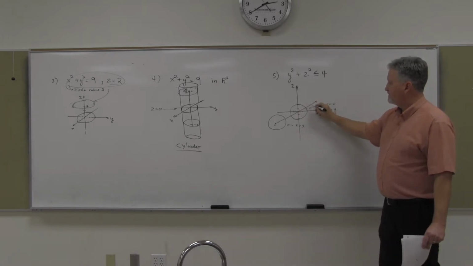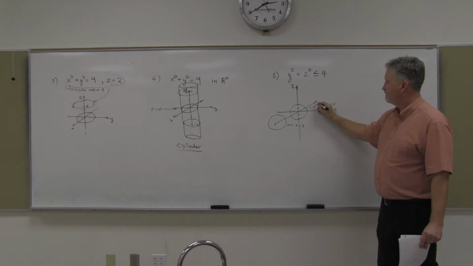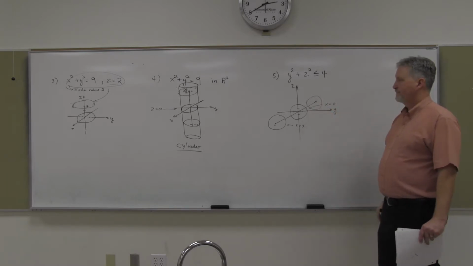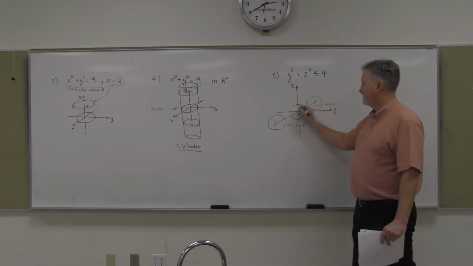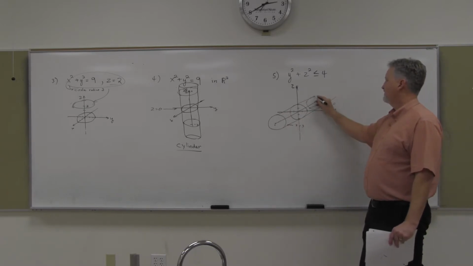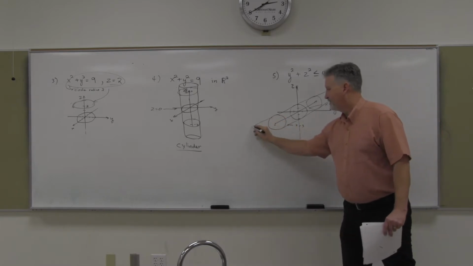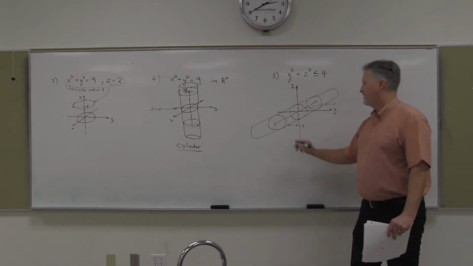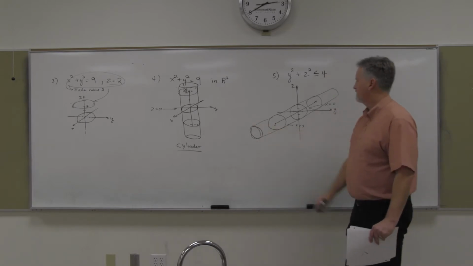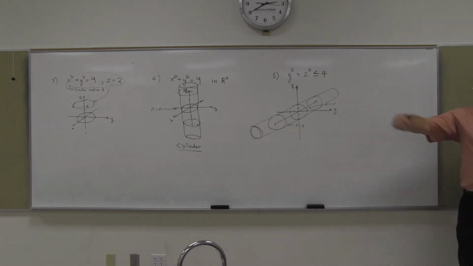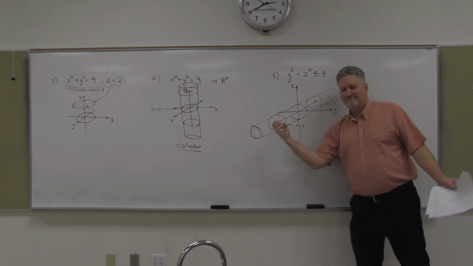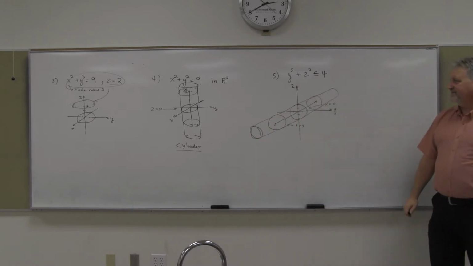So let's do one at, say, -3. So you still get a cylinder, all right? Still get this infinite cylinder. However, now the tube is around the x-axis, I guess you might say.